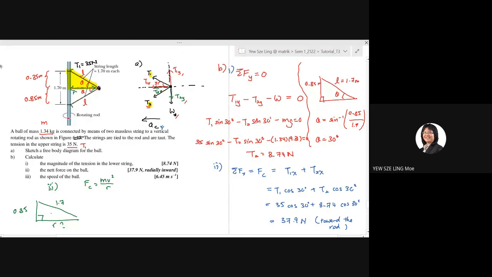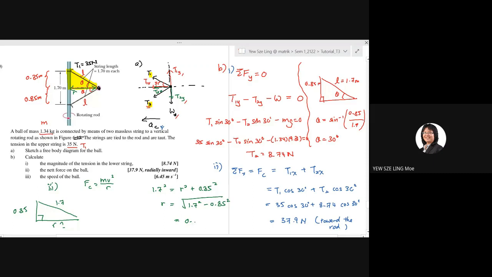Based on the Pythagoras theorem, 1.7 squared is equal to r squared plus 0.85 squared. Rearrange the equation, r is equal to the square root of 1.7 squared minus 0.85 squared, which is then equal to 1.5.